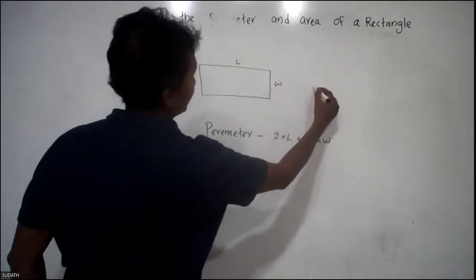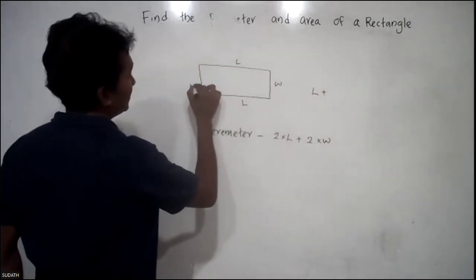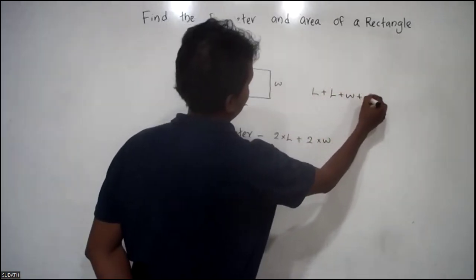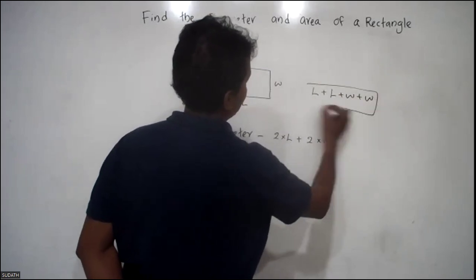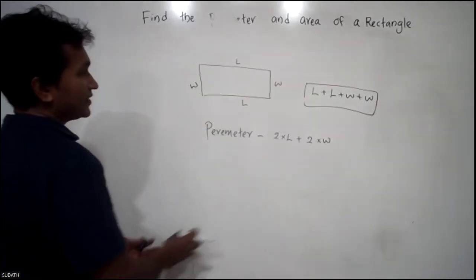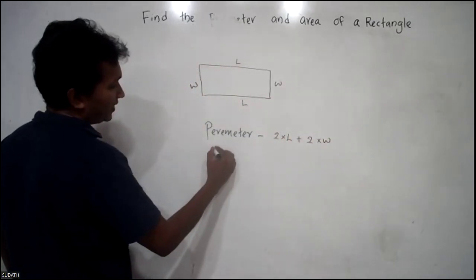Perimeter is, let's say, length plus width. That means 2 times of length plus 2 times of width. So that is how we find the perimeter. Then the area.